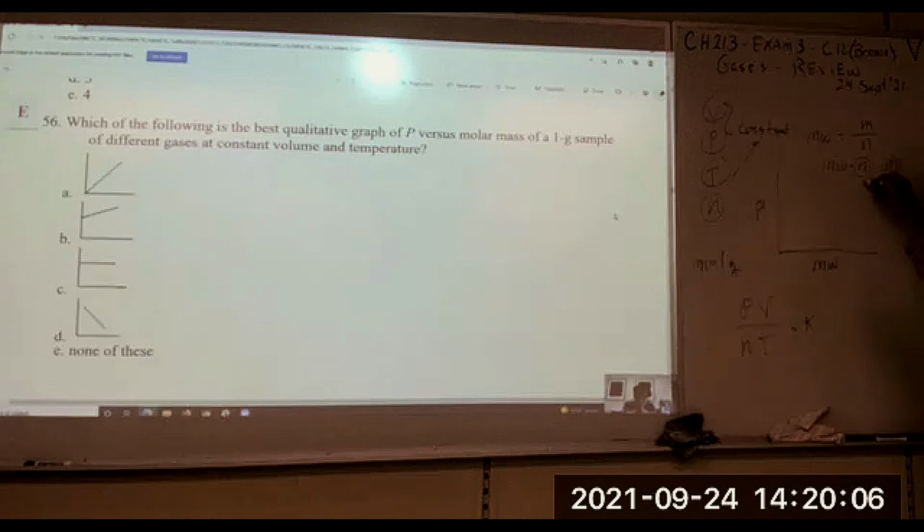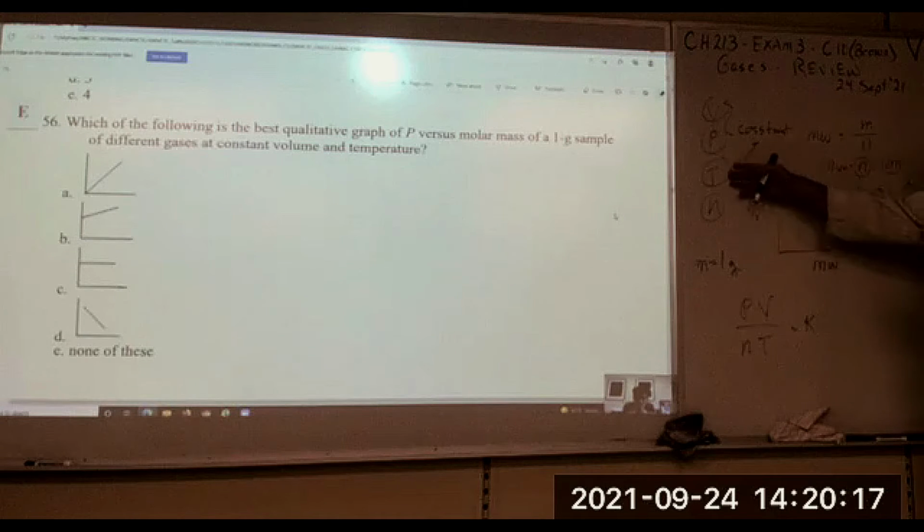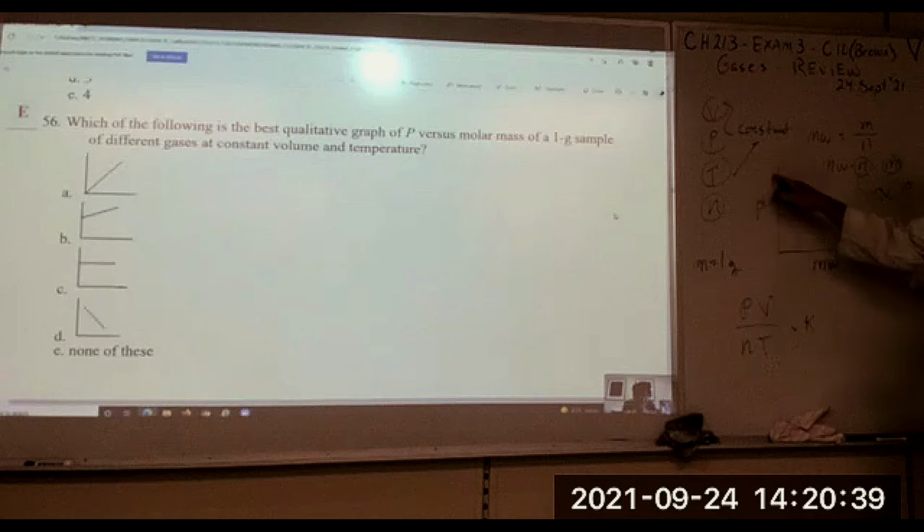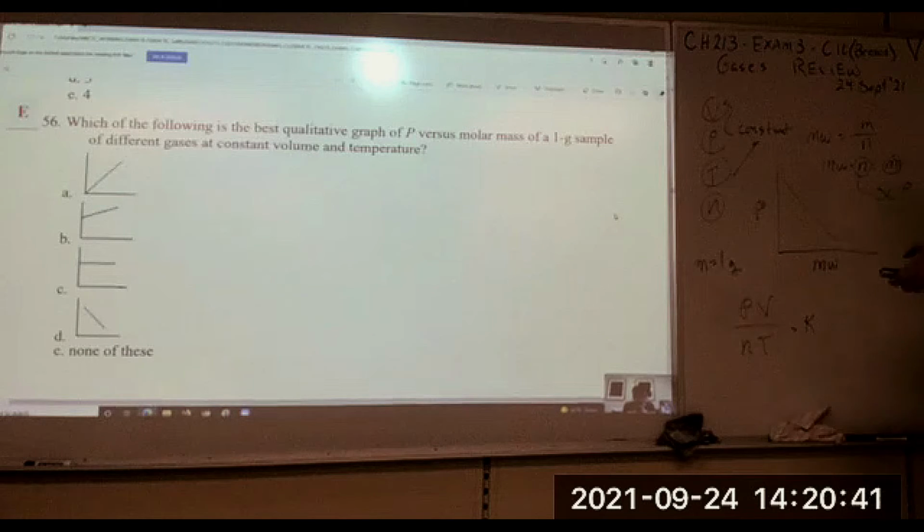So what we're saying is the number of moles is proportional to pressure, with these things being constant. So if we substitute a proportionality of pressure, then the relationship is inverse to pressure. So the best one here is a negative slope, right? As the molecular weight goes up, the moles and the pressure both go down. It may not be a straight line, but this is a qualitative graph.